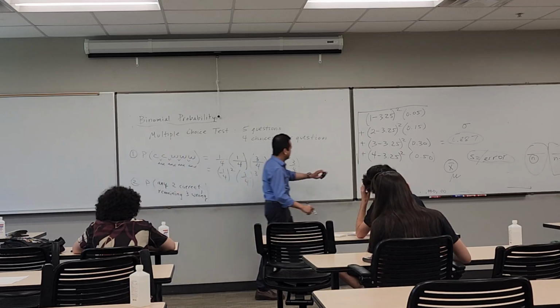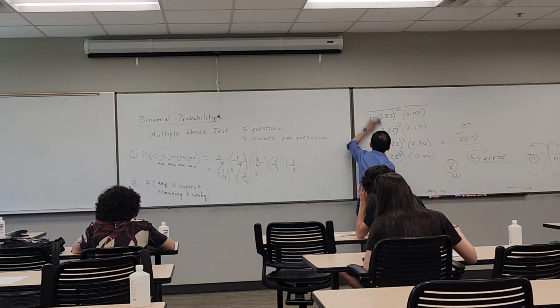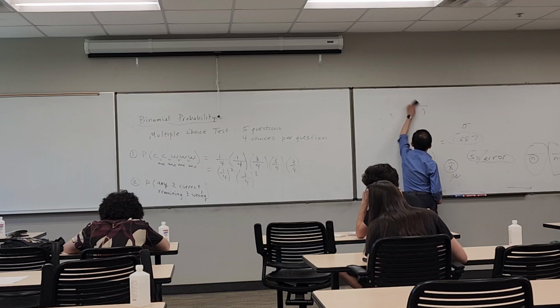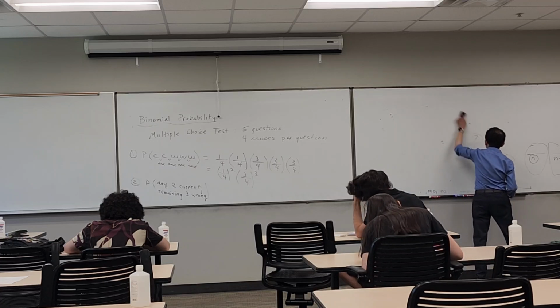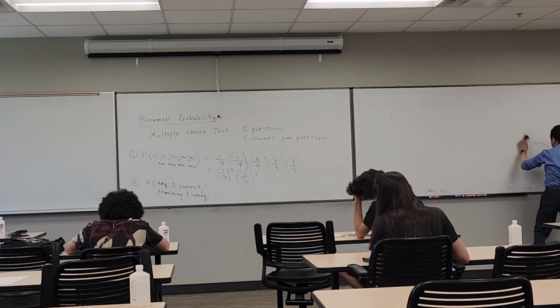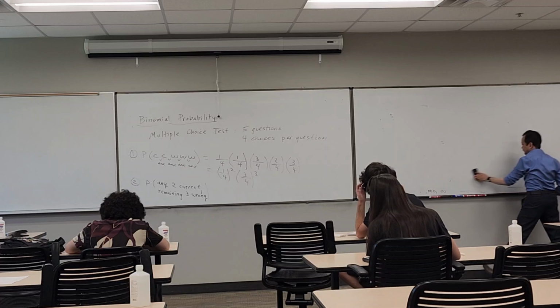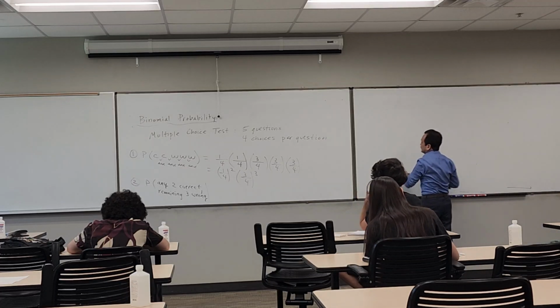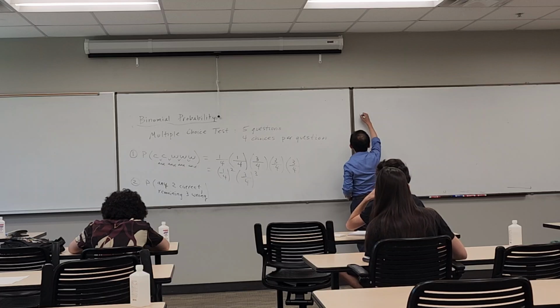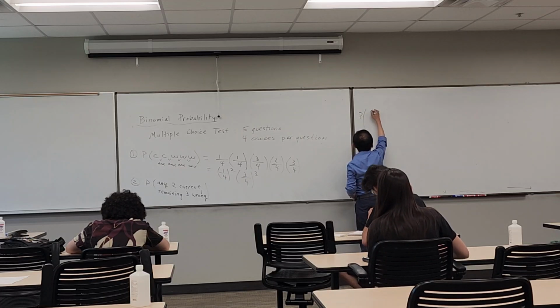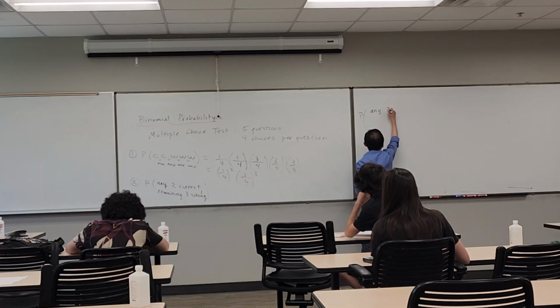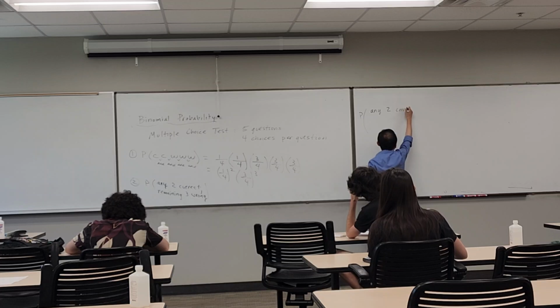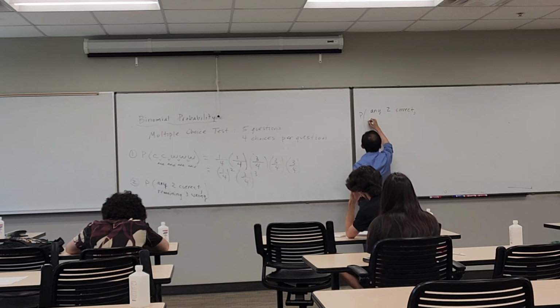So now let's talk more about all the situations that could occur. So we're trying to find the probability of any 2 correct with the remaining 3 wrong.